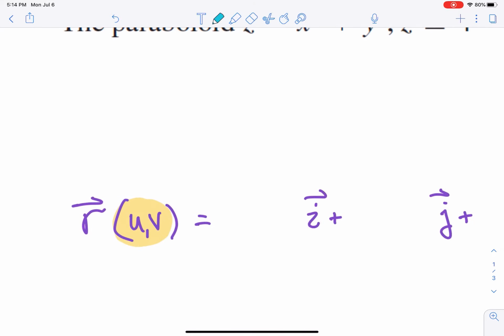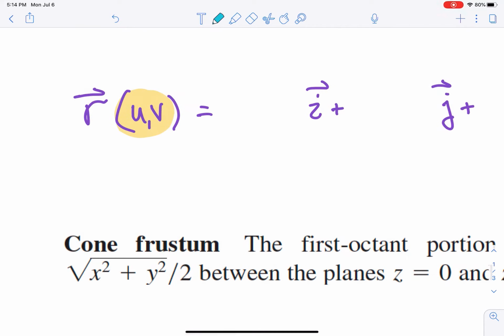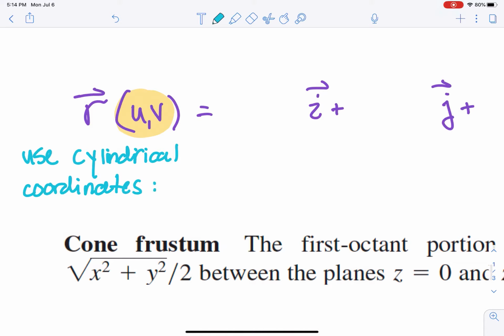So we'll use cylindrical coordinates, and we'll let u equal r, and we'll let v be theta.